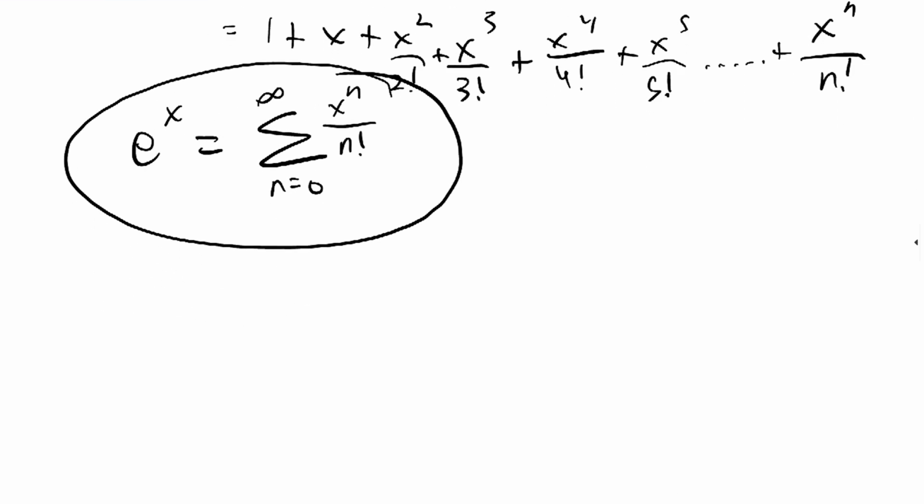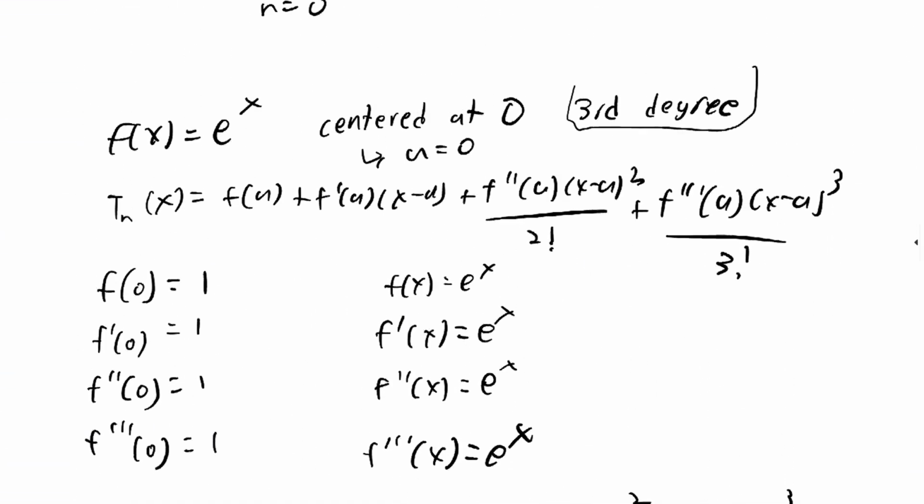Now, what does this centered at 0 actually mean? Because we still haven't figured that out. So this is what's happening. e to the x kind of looks like this, right? When we say centered at 0, we mean the polynomial approximation starts at 1 plus x, like this.